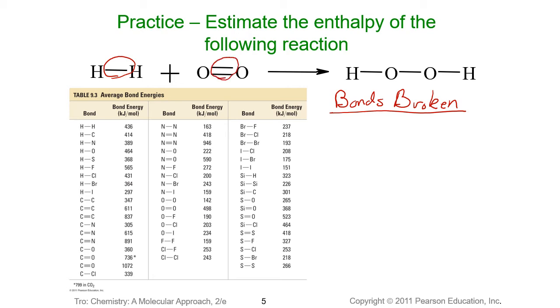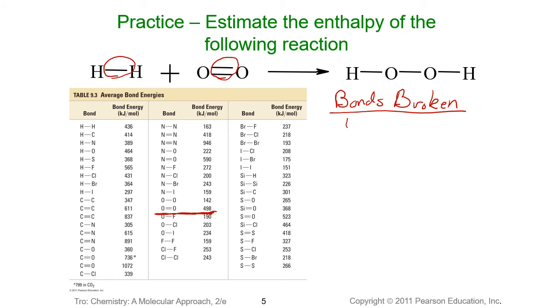We are also going to have to break our oxygen-oxygen double bond. Please notice that we have to break the oxygen-oxygen double bond. You can't just break one, because the value for the double bond is significantly higher than double the single bond. Because the double bond is stronger, it takes more energy to break it.